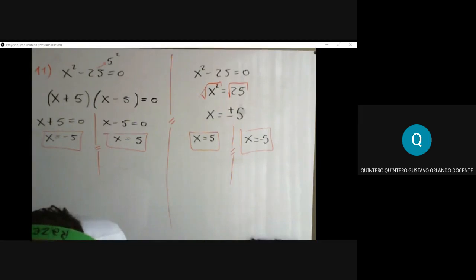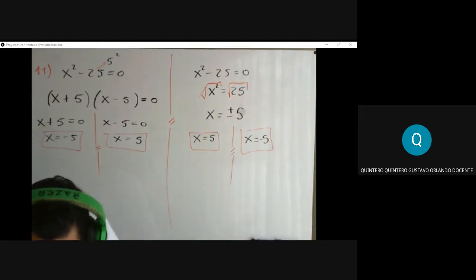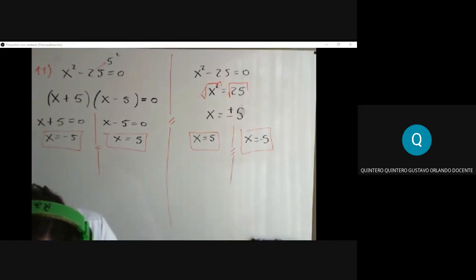Point 15 from Carlos Daniel Izaza. Luna Karina. Mister, can you do analysis 17? Question 17. Yes. Luna, I'll do it in a minute, all right? Laura Valentina, teacher, 17, please. Marino, teacher, 15, please.